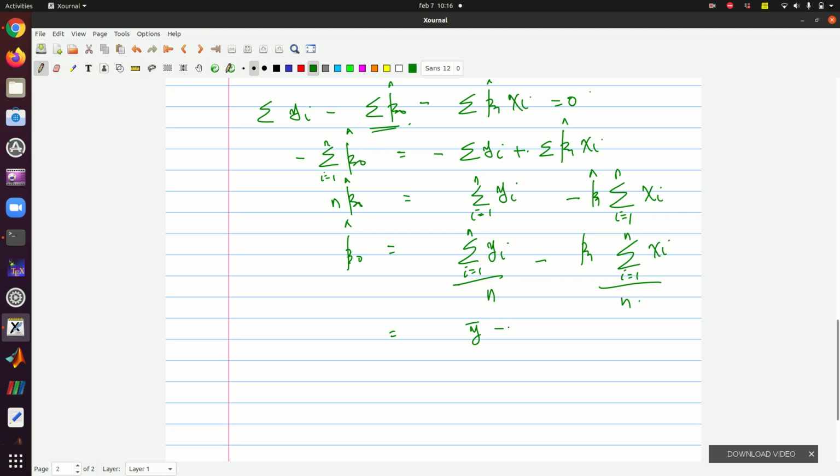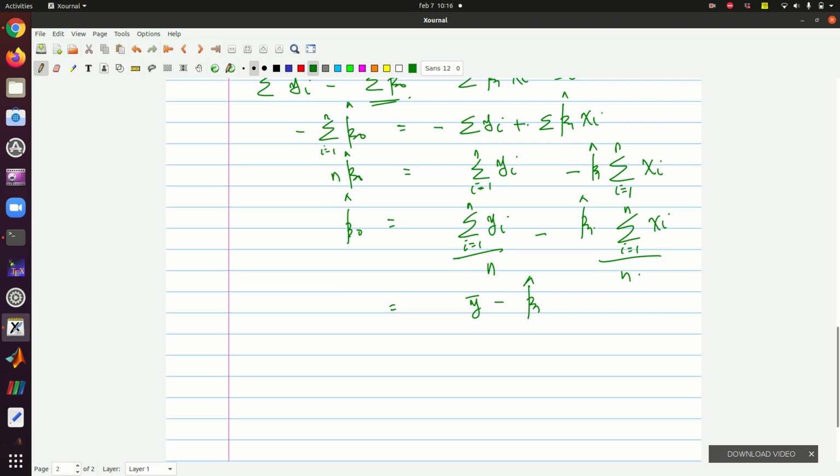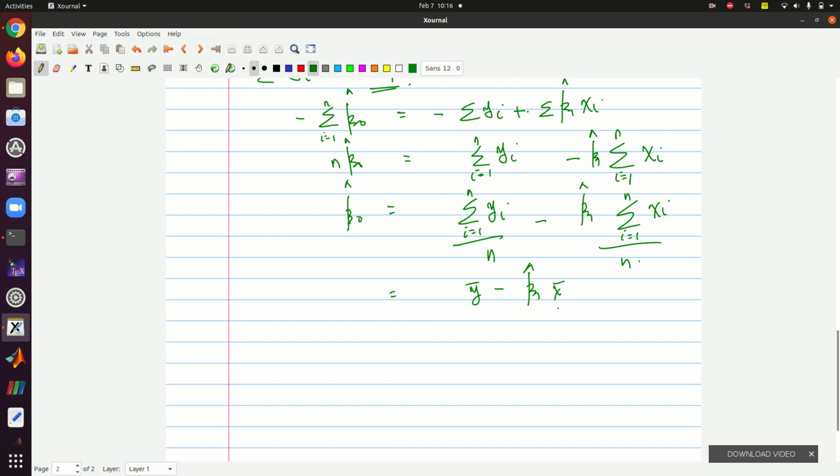So we have our y bar, and then what do we have here? Beta 1 hat. I make many mistakes, so please try to follow, or notice some notational errors. I keep on forgetting things here. So this is our beta 1 hat, and then again the summation from i equals 1 up to n of xi divided by n is simply going to be x bar.